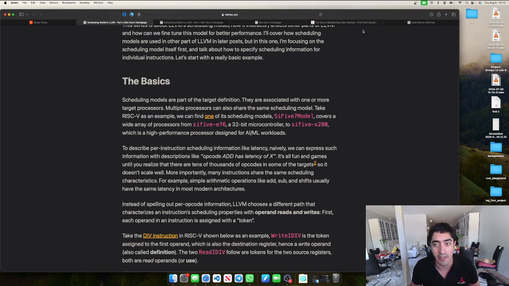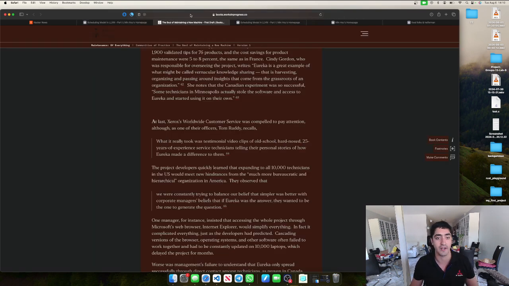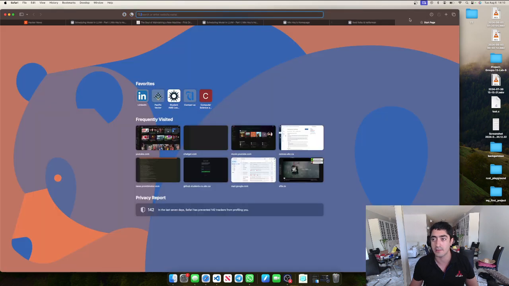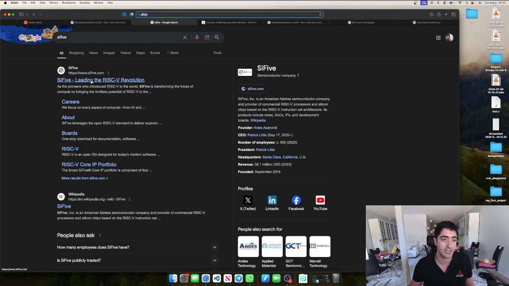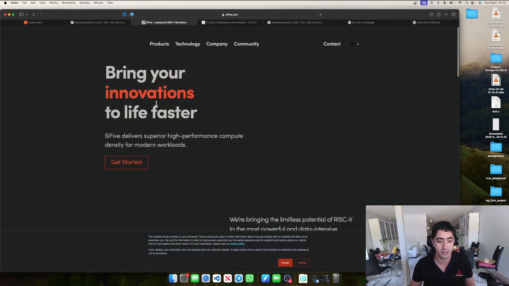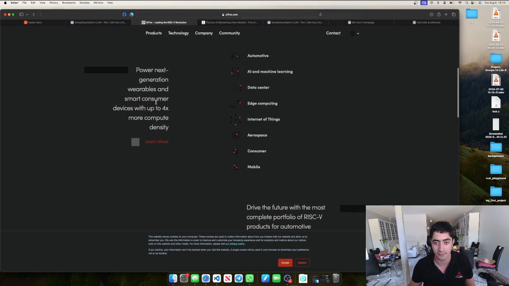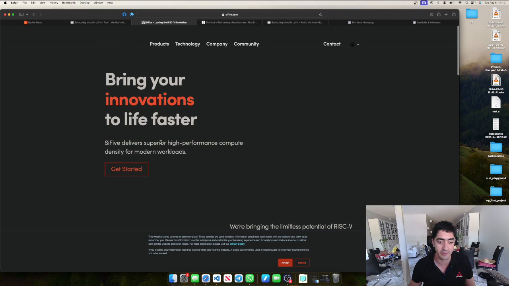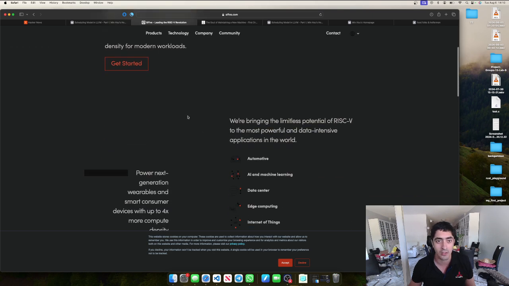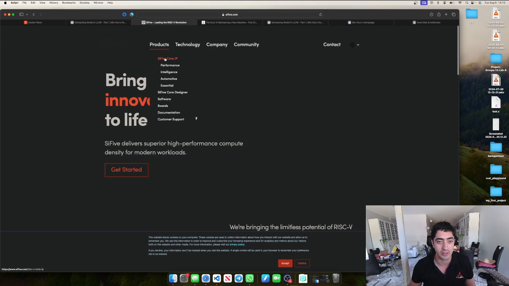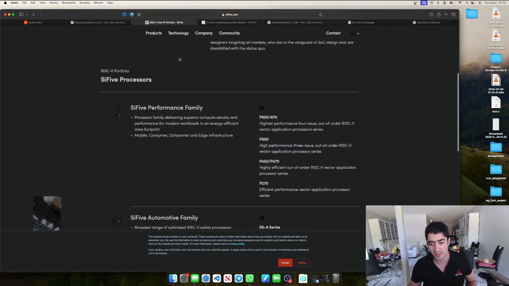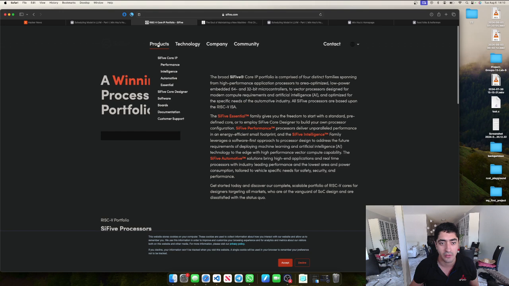Alright, I've got to find out what SiFive does. Maybe not in this one. SiFive. Leading the RISC-V revolution. Interesting. SiFive delivers superior high-performance compute density for modern workloads. Let's see. Okay, so this seems to be an IP company.